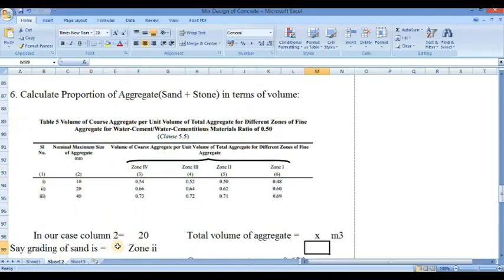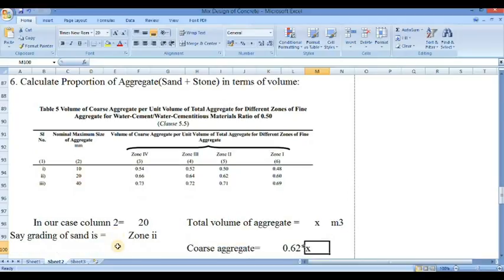Again, based on your size of aggregate and based on your required slump or workability, you will find the quantity of fine aggregate and coarse aggregate, or the stone. Let's start.